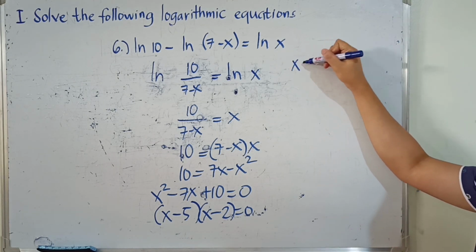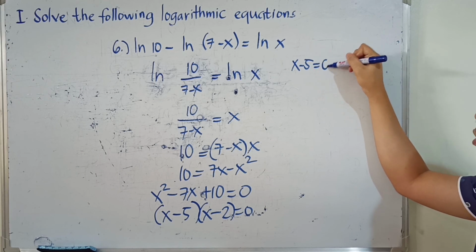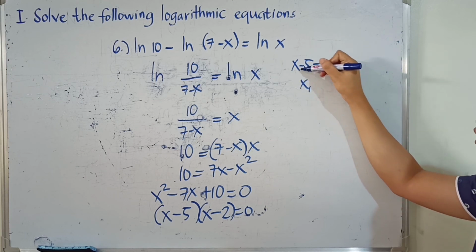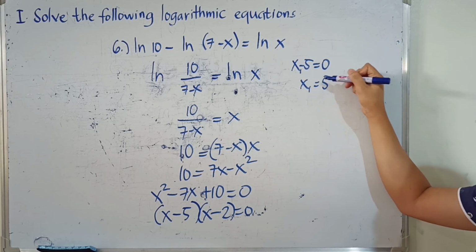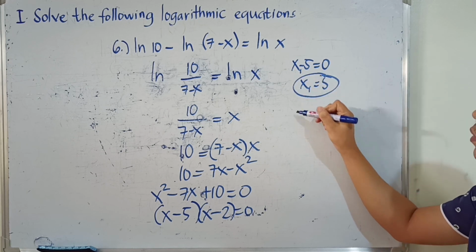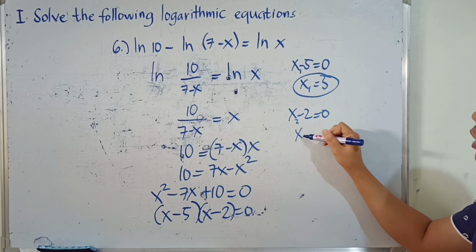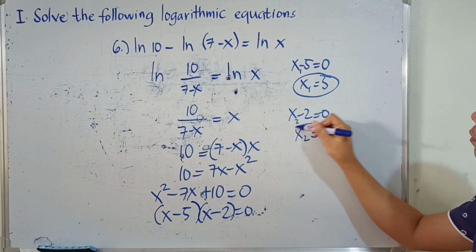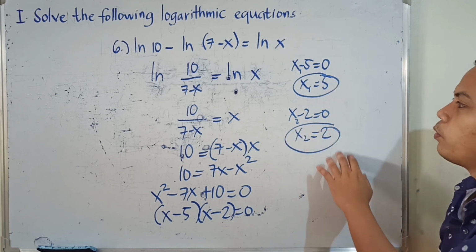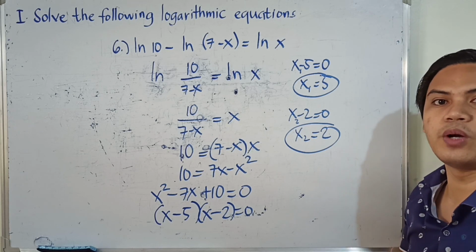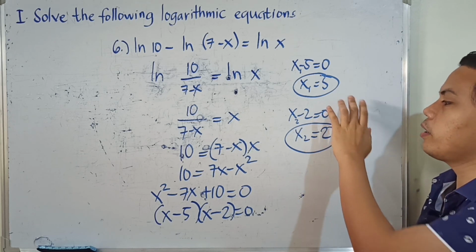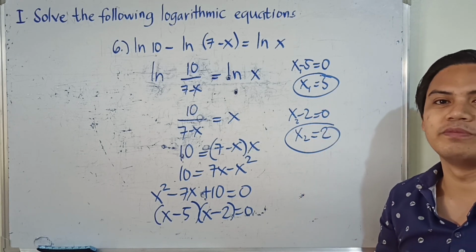So, we have x minus 5 is equal to 0, so x sub 1 is equal to positive 5. Then, x minus 2 is equal to 0. Therefore, x sub 2 is equal to positive 2. So, since both of our answers are positive, we have two answers. It could be positive 5 or positive 2.